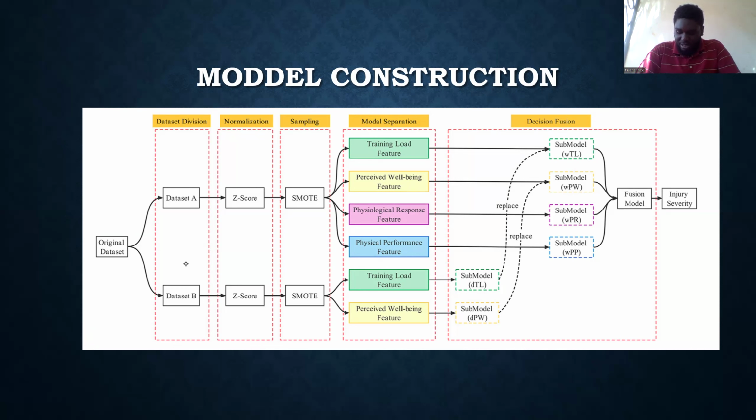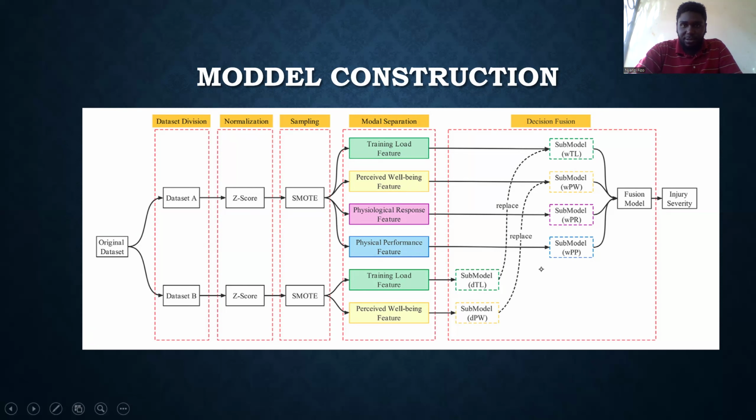Subsequently, the submodels for the training load and perceived well-being states were constructed using dataset B and integrated into final injury risk prediction models.